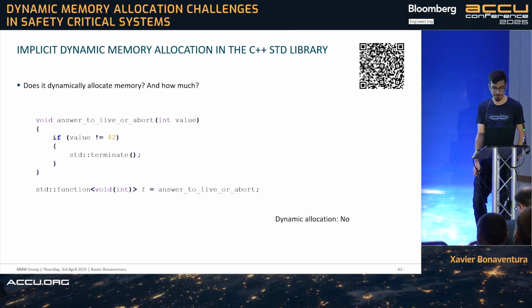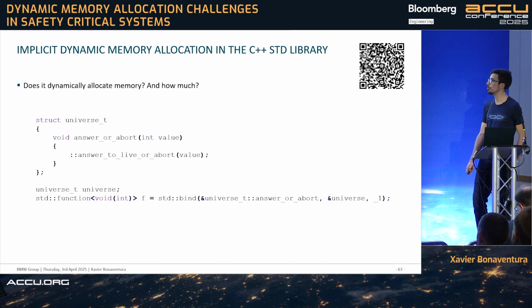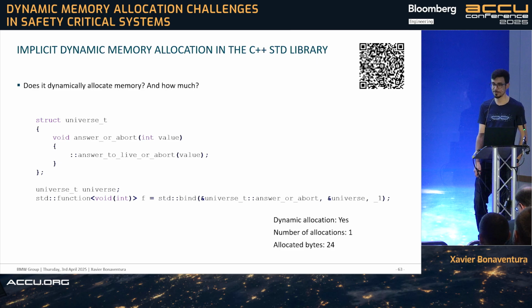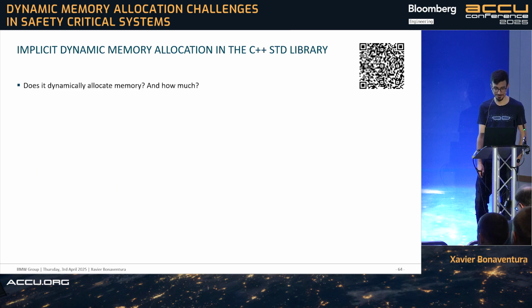No. Okay, let's push a bit the limits of std::function. Now we have a struct called Universe with this member function. We create this object Universe, and then we do the std::bind with the member function and the object. Does it allocate? Yes, it allocates. In my machine, 24 bytes.